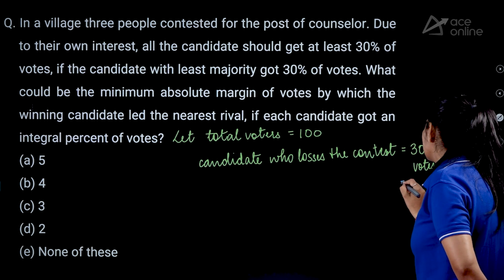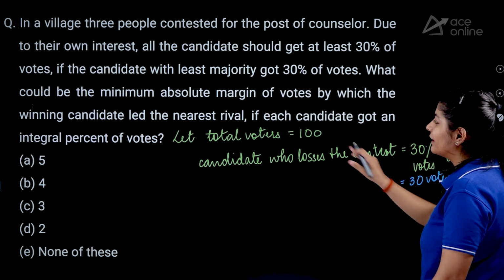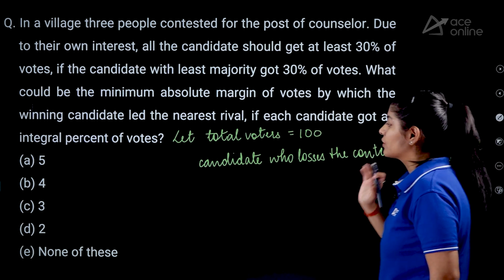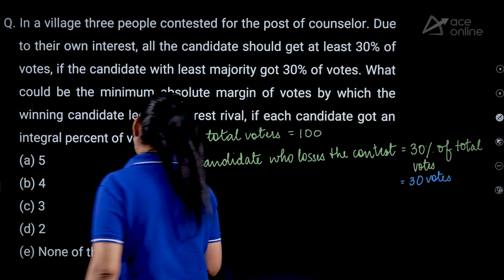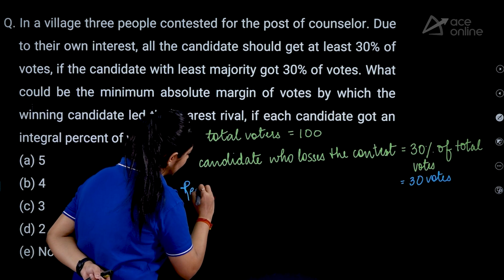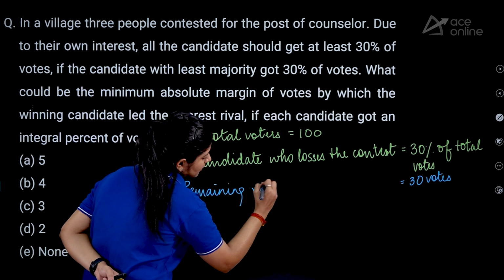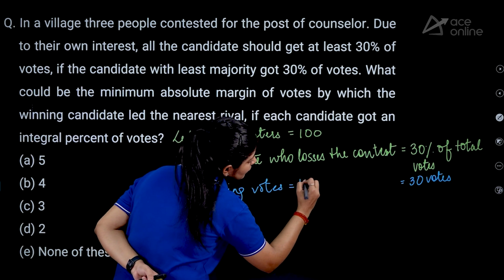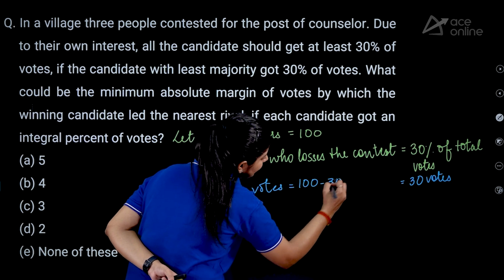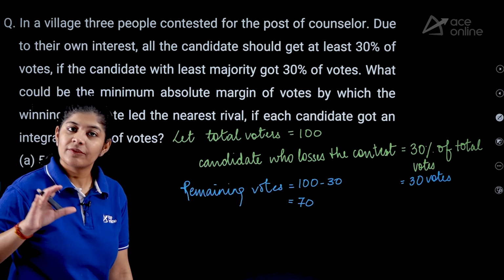So we can say that he is having 30 votes, right? Because we assume that here we are having total 100 votes. Now for the remaining two candidates, how many remaining votes we are having? The remaining votes are 100 minus 30, that is equal to 70. Now we are having 70 votes left.